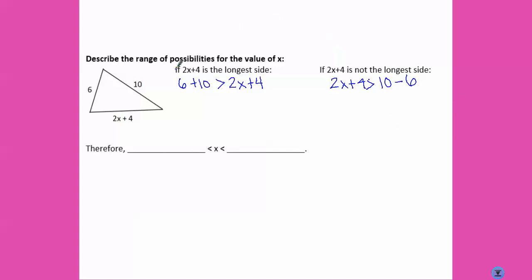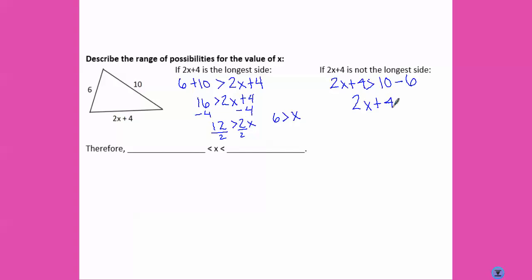So now we need to do some algebra. 6 plus 10 is 16. Subtract 4. 12 has to be greater than 2x. Divide by 2. 6 has to be greater than x.